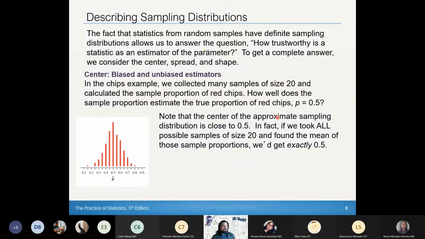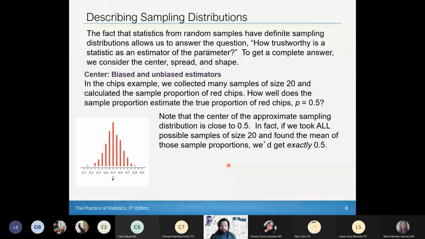Note that the center of the approximate sampling distribution is close to 0.5, right? That seems to be where the center would be, the mean or the median. In fact, if we took all possible samples of size 20 and found the mean of those sample proportions, we'd get exactly 0.5.